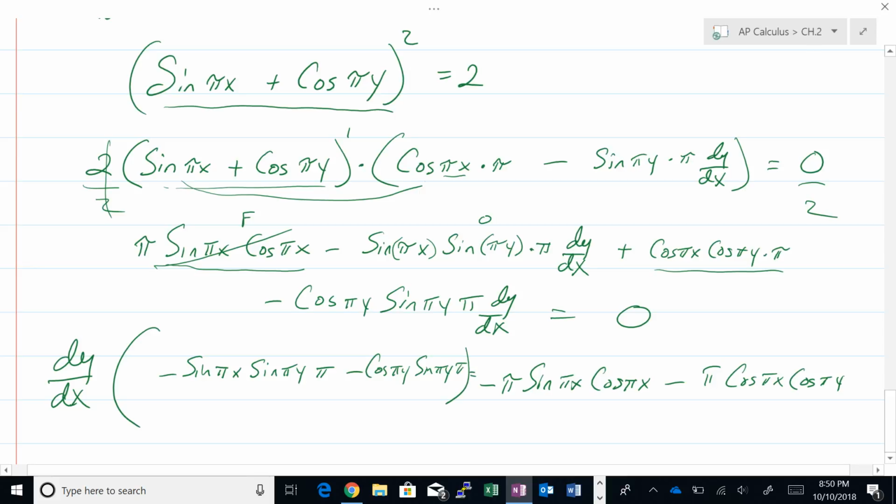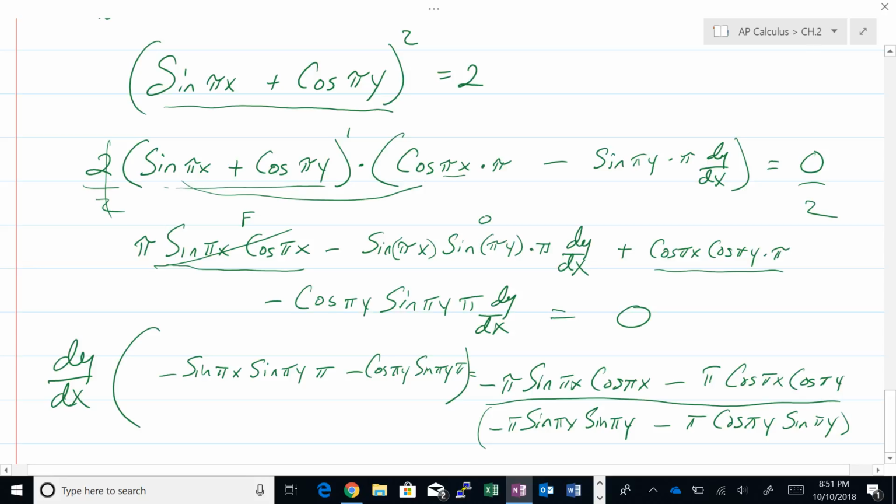Okay, so then I would just divide by that mess. So I have negative pi. Well, we'll cancel some things here in a minute. Negative pi sine of pi x sine of pi y minus pi cosine of pi y sine of pi y.